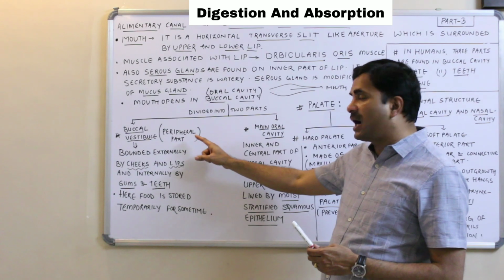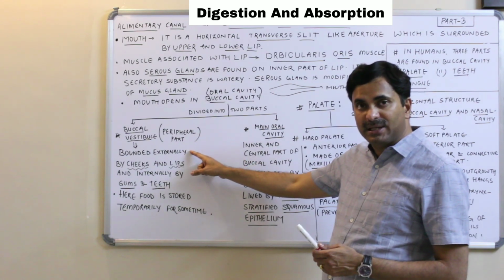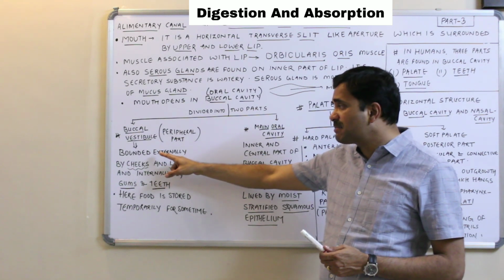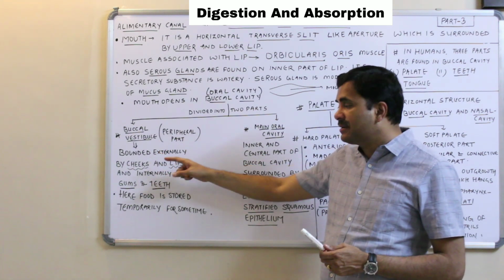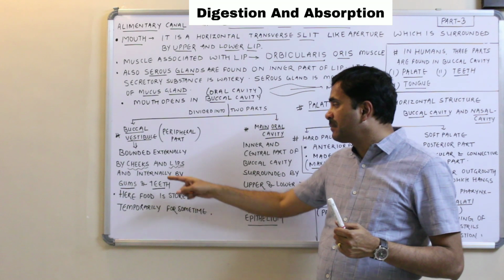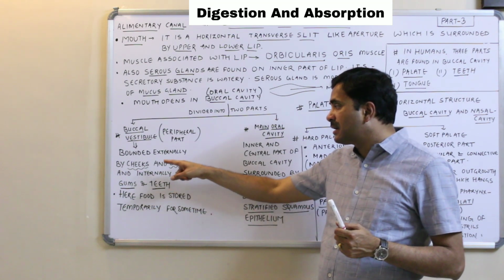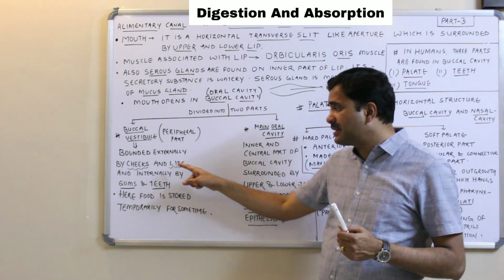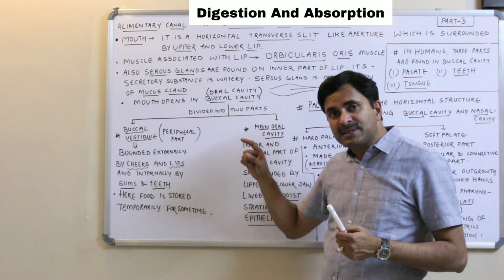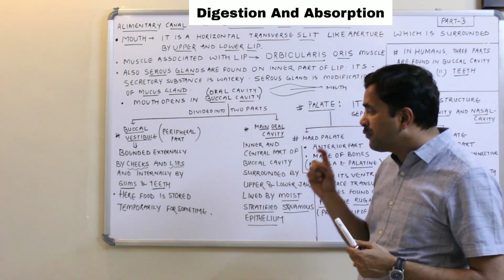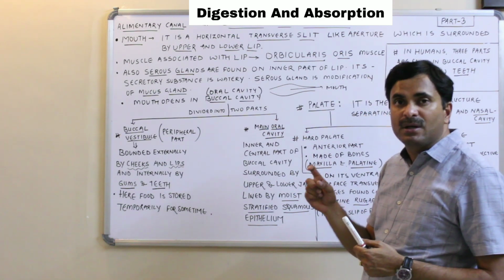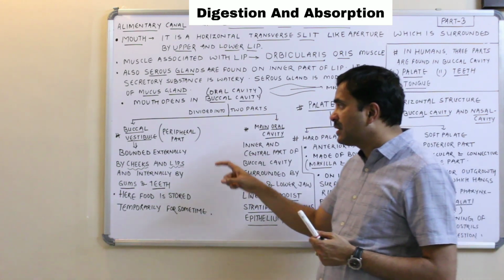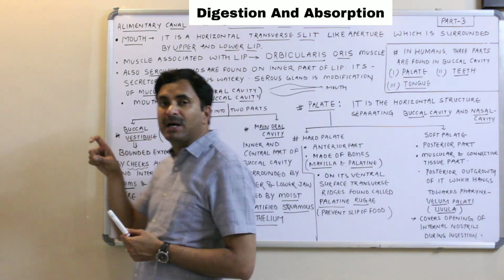Again I am repeating, the outer peripheral part of the buccal cavity is called the buccal vestibule. It is bounded externally by the cheeks and the lips, and internally by the gums and the teeth. And it has been said that the food is stored temporarily for some time in this part of the buccal cavity.